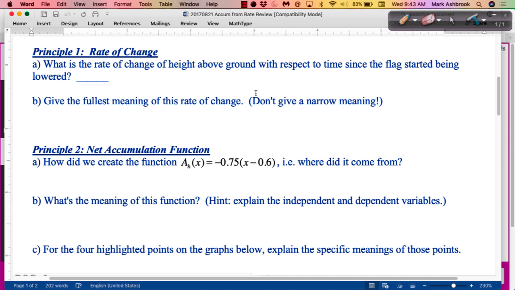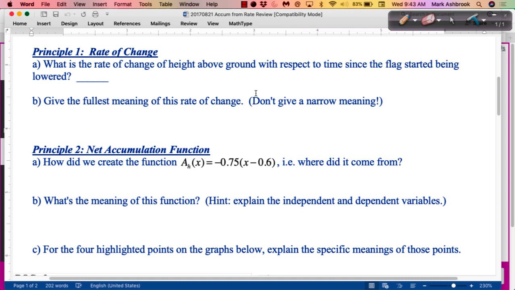Okay, and rate of change of what? What quantity? Yeah, meters per second is the unit, but the rate of negative 0.75 was the rate of change of what quantity? Height and time? Okay, so both?